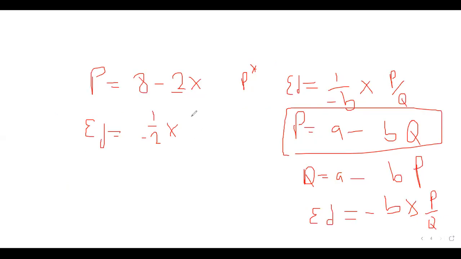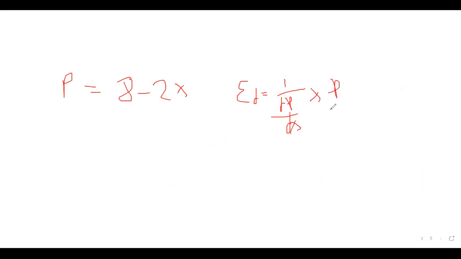So here P was 4, and here we have 2. So this will be 4 over 4, which is negative 1. Demand here is unit elastic.